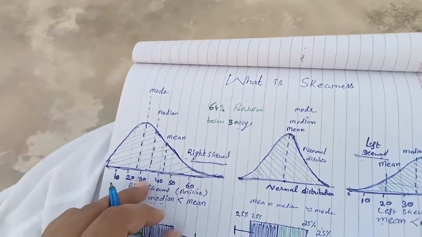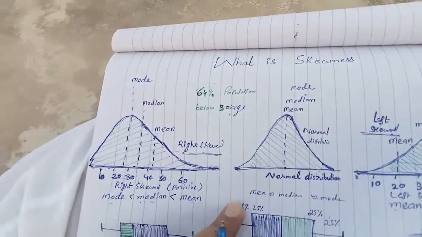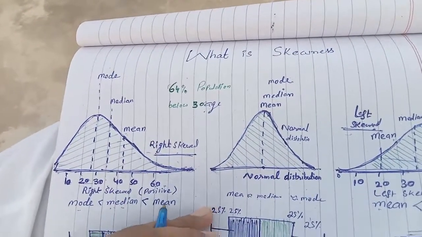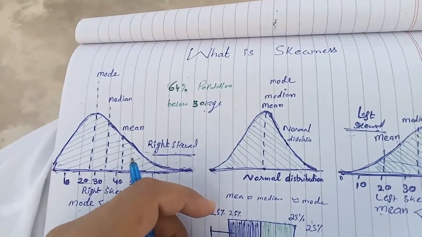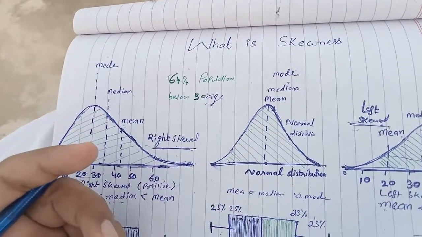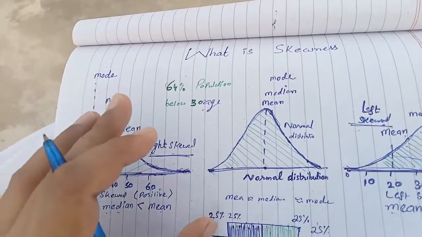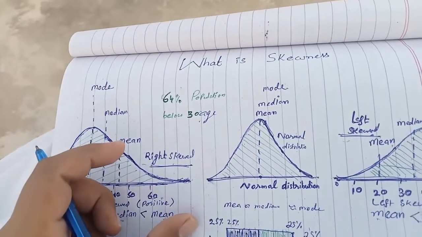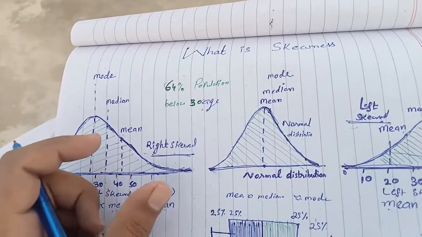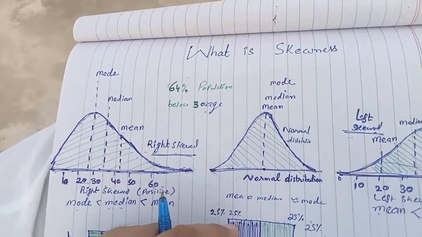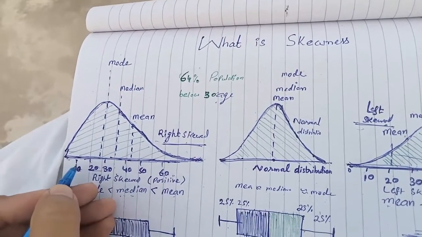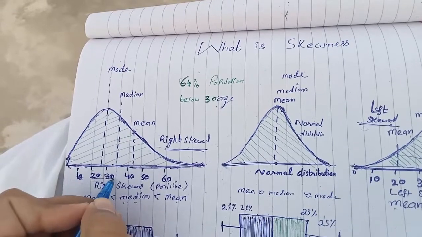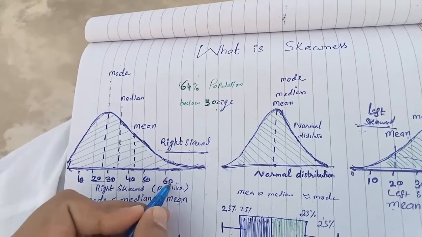If we talk about another example of the right skew, right, there is a new kind of disease spreading in the city, and mostly those below 30 years of age are affected by this disease, which is a skin disease, let's suppose, right? Now this is the representation of patients whose ages are 10, 20, 30, 40, 50 and 60.